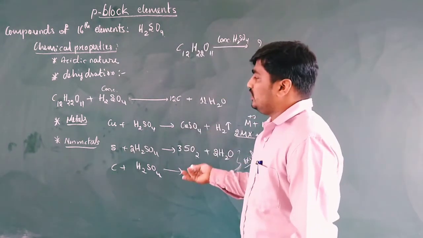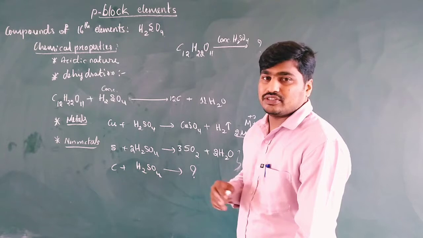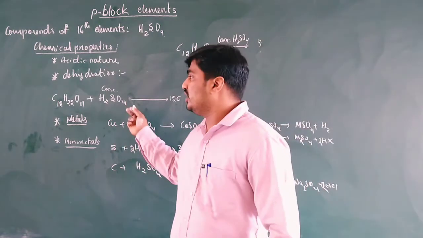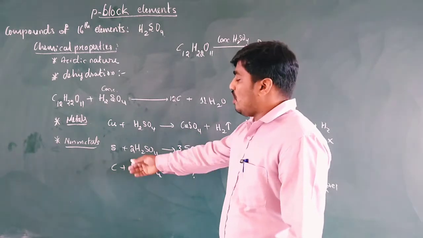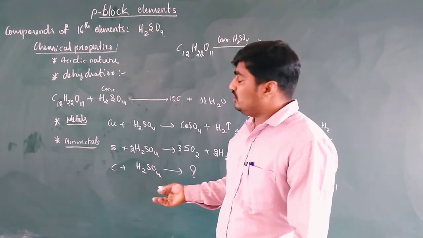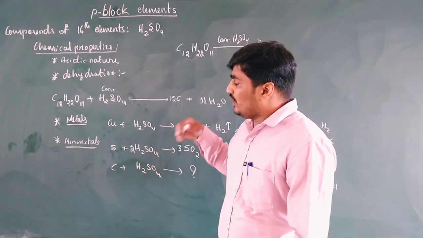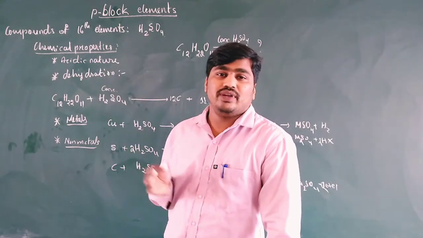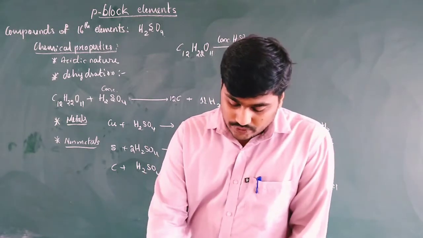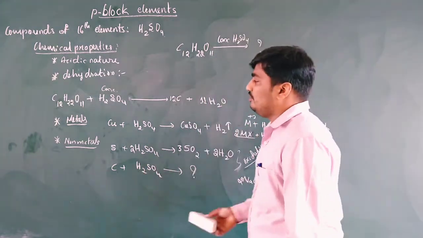Here we also observe all kinds of reactions: a good oxidizing agent, a good dehydrating agent, a good or strong acid. It has the ability to oxidize metals and non-metals, and react with metallic halides. So we observe all kinds of reactions. Okay, next, what are the uses of sulfuric acid?